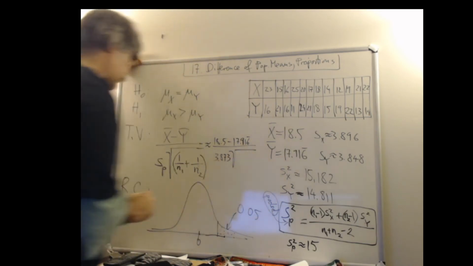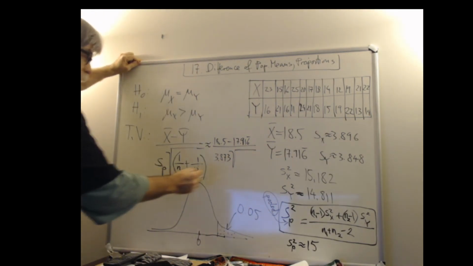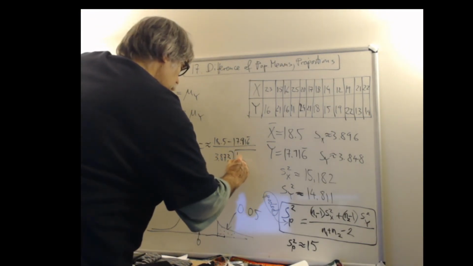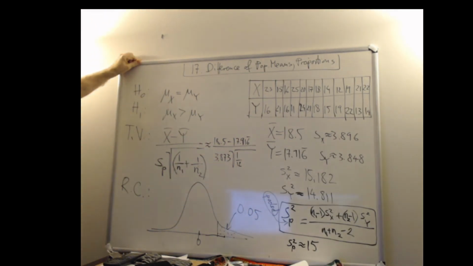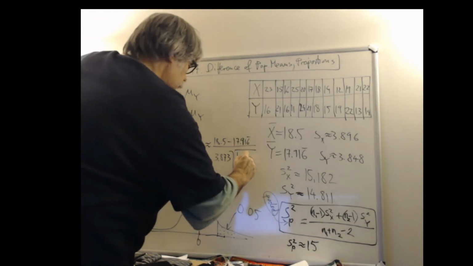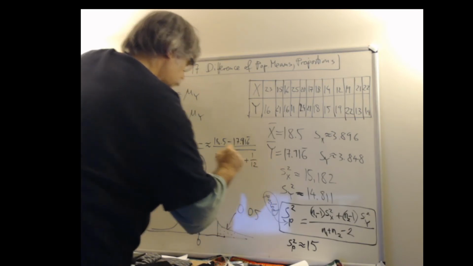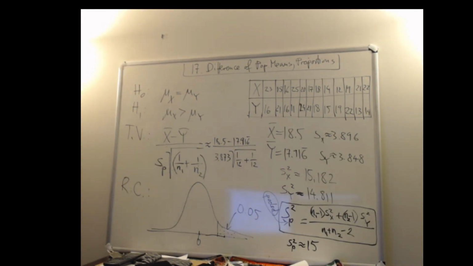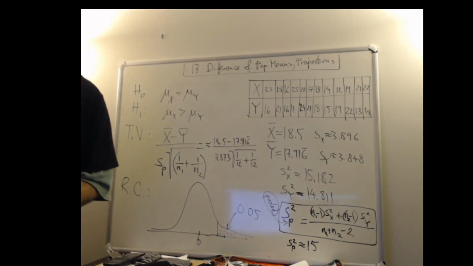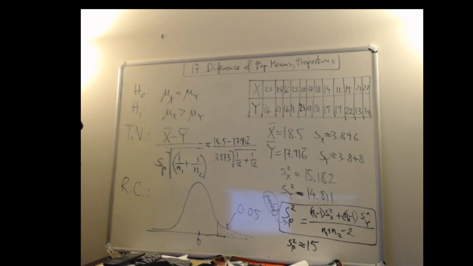And inside I have something really simple. 1 over 12 plus 1 over 12. All right. Now, I'm too lazy to calculate that.